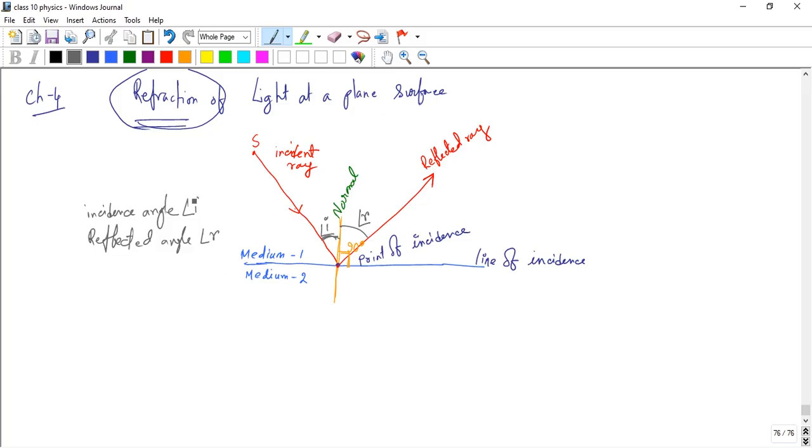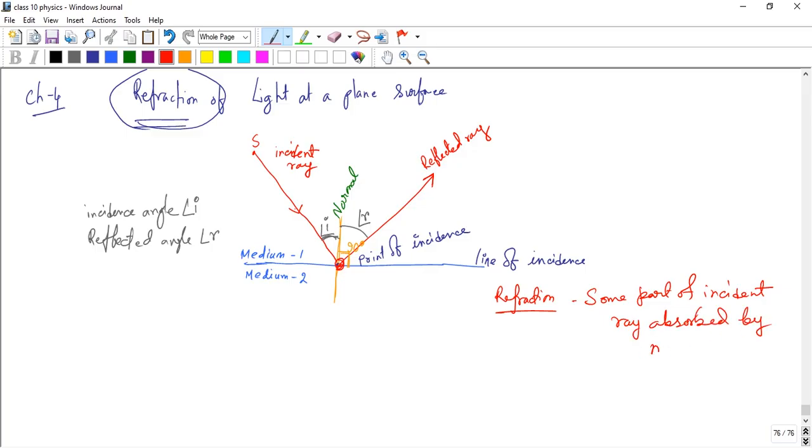And what is refraction? At the point of incidence, some part of the incident ray is absorbed by medium 2.